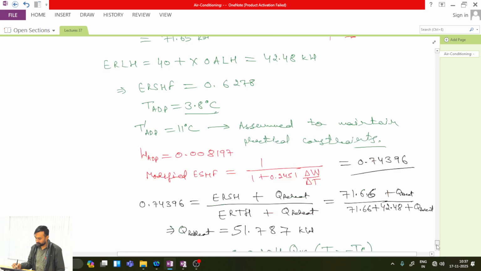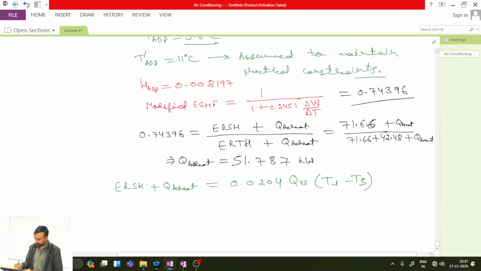Because for modified ESHF, it will not be 0.2, it will be 0.245, sorry. 245 comes when you consider the conversion units on the x axis and y axis.